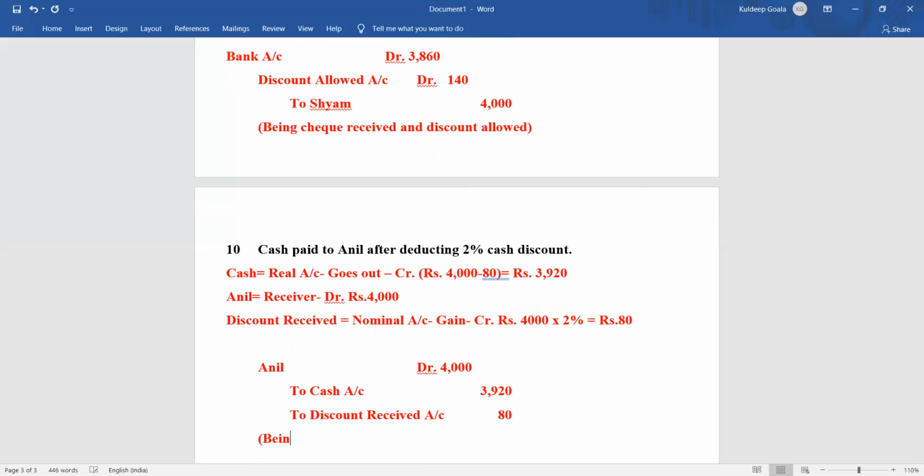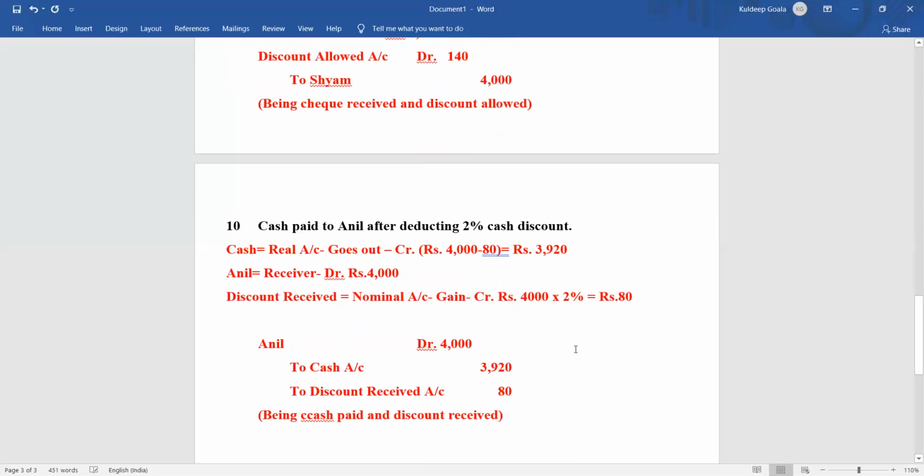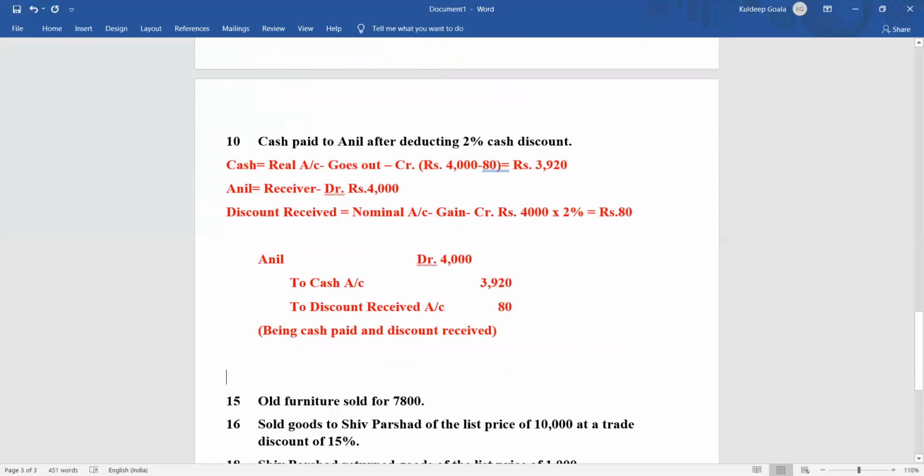Being cash paid to Anil, cash paid and discount received, directly you can write down, okay? Being cash paid and discount received, right? Done. Okay, this is how your transaction will appear.